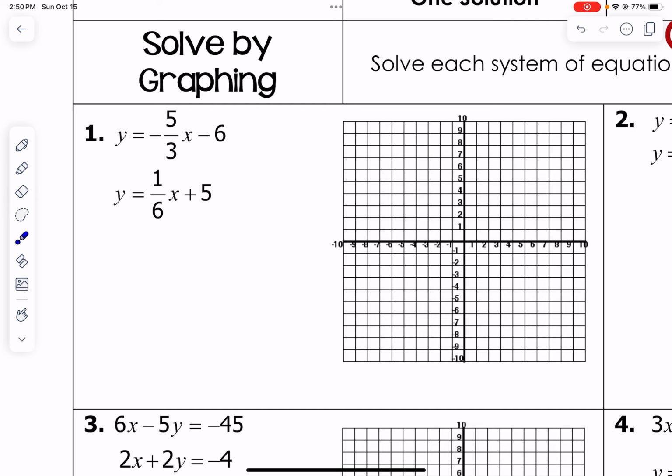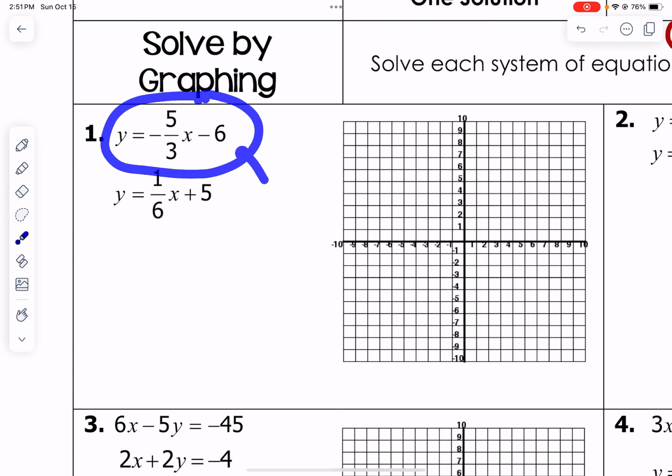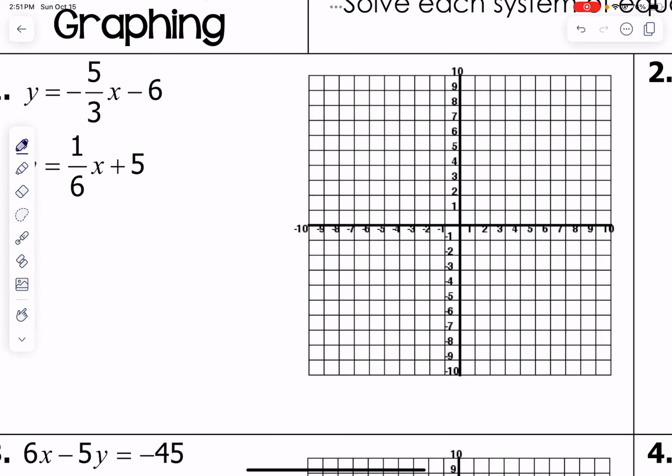In number 1, they give you two separate linear equations. Each of these equations has its own slope and its own y-intercept. On the graph here, we want to graph these two linear equations. Let's graph this first one on this coordinate plane. Notice that the first one has a y-intercept of -6, so we're about right here.